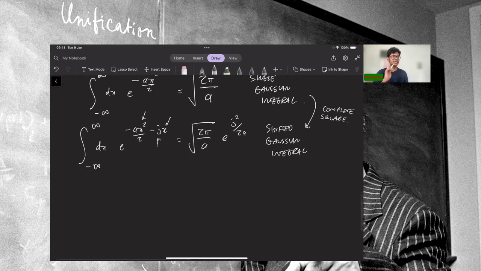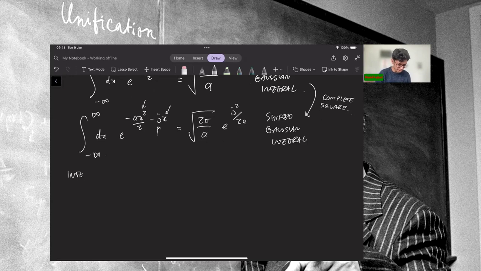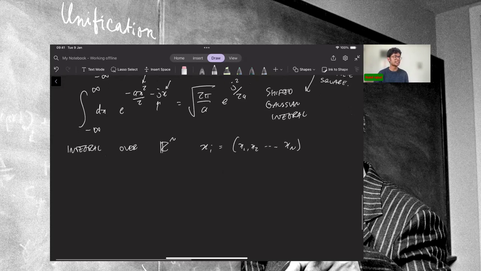Okay. Now that is one variable. Today we are going to do ultimately infinitely many integrals. So to warm up, let us do an integral of a finitely small number of variables. In other words, let's do an integral over R^n. Okay, so consider x_i, which has components x_1, x_2, all the way up to x_n. And now let's do this integral. I'm going to call it I. I equals the integral over all of the components.